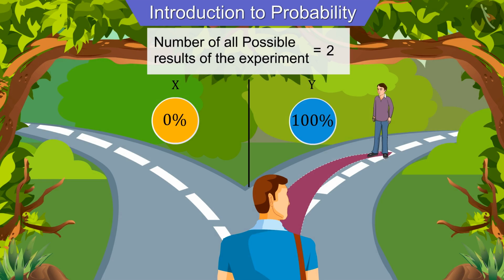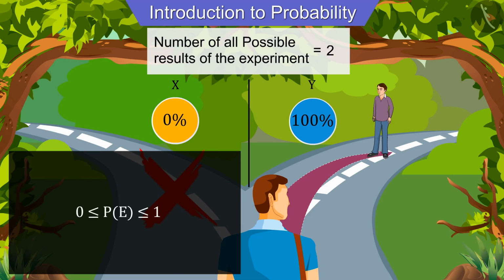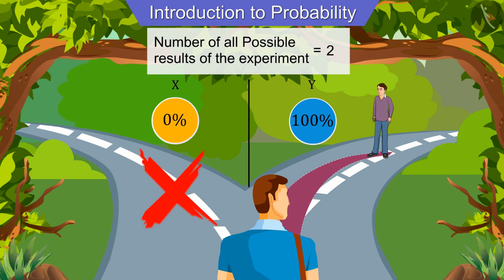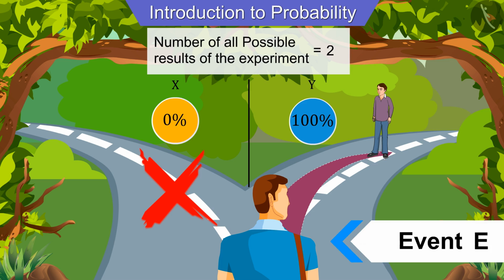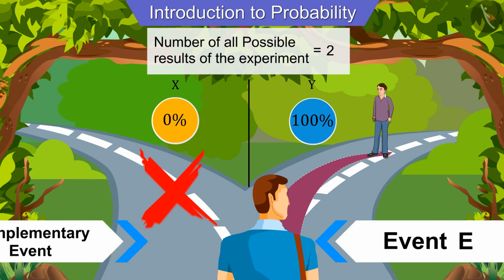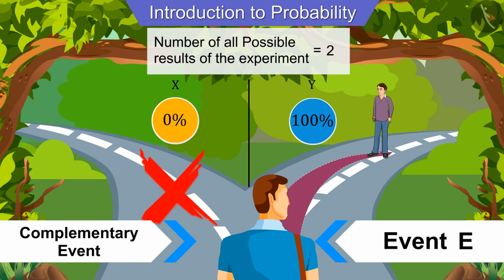For example, after finding the right path here, Joseph will not go on the road X. So it is an impossible event. Based on this, we can say that the maximum limit of probability of an event will be 1 and the minimum limit will be 0. Now that Joseph knows he has to go to road Y, it means that he will no longer go to road X. In such a situation, walking on road X and walking on road Y are complementary events, which we show with E bar.